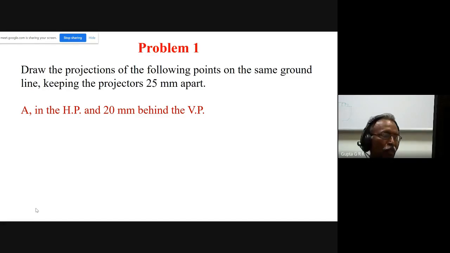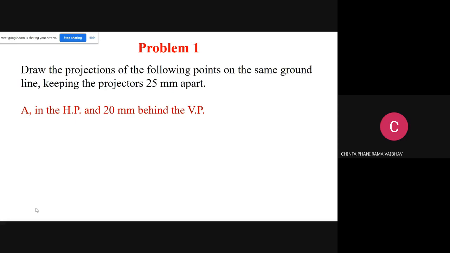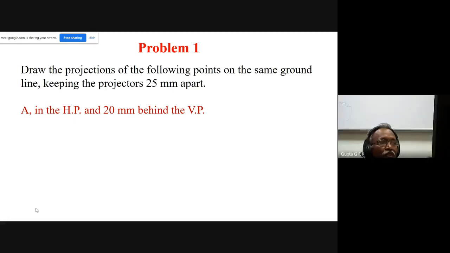A point A is given, in the HP and 20 mm behind VP. In the HP means it goes to front view, on the XY, on the axis. You have to tell it like that: front view on XY.